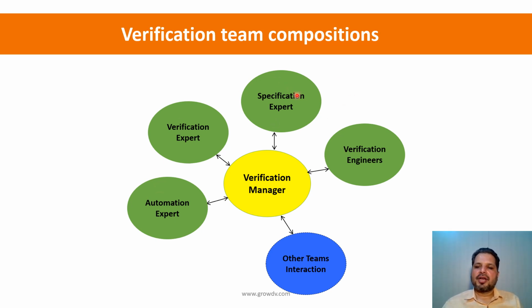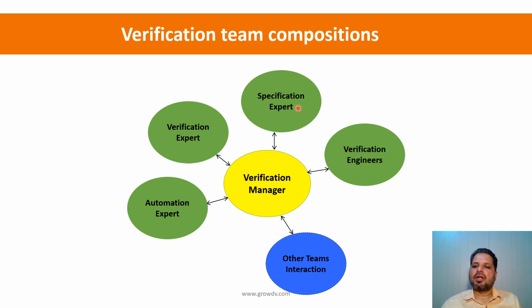So those combinations always exist, and this gives you an idea of what areas you need to master. There's always a specification expert who understands the requirements very well, and typically there will be one such person in the architecture team, the design team, and the verification team.